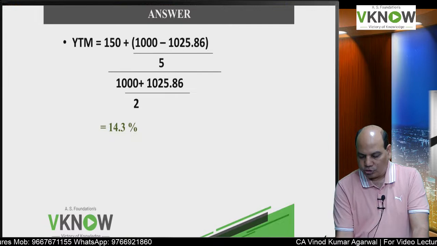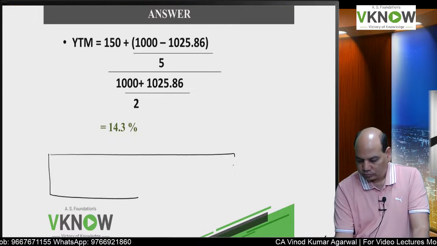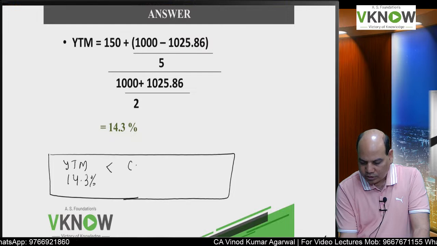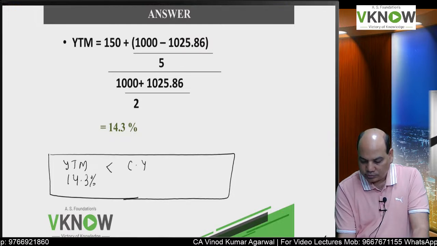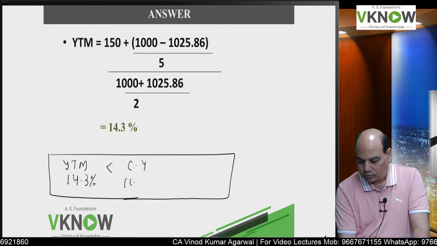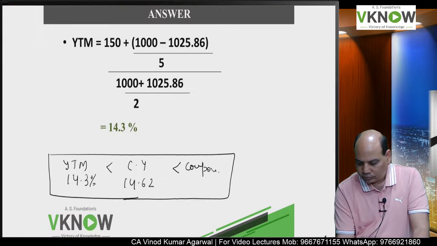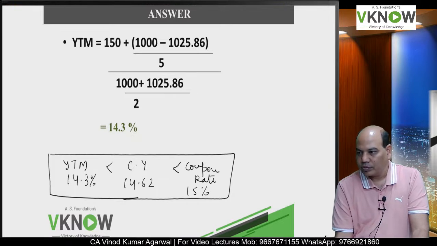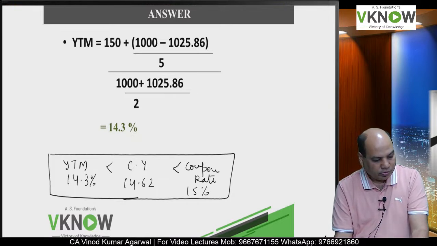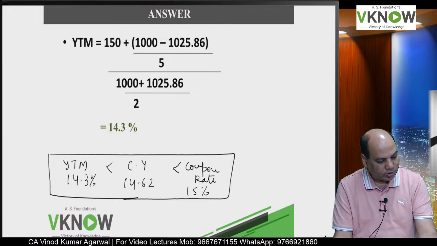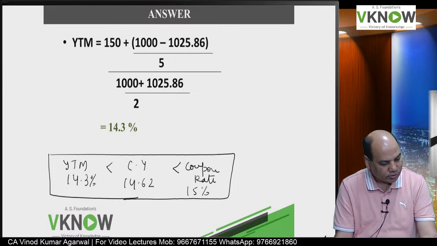Now you see in this question, YTM is 14.3%. Current yield was 14.62. And the coupon rate is given in the question book. Is it 15%? Yes.